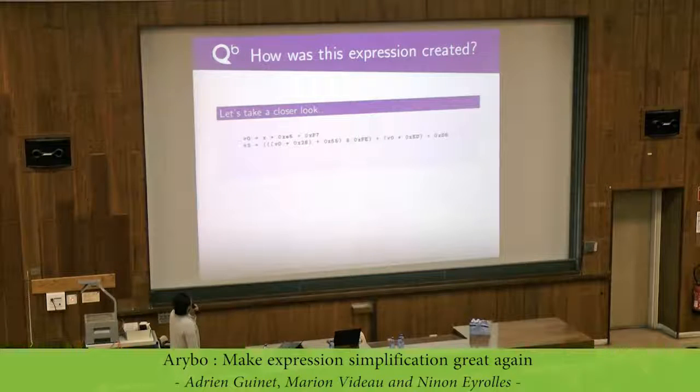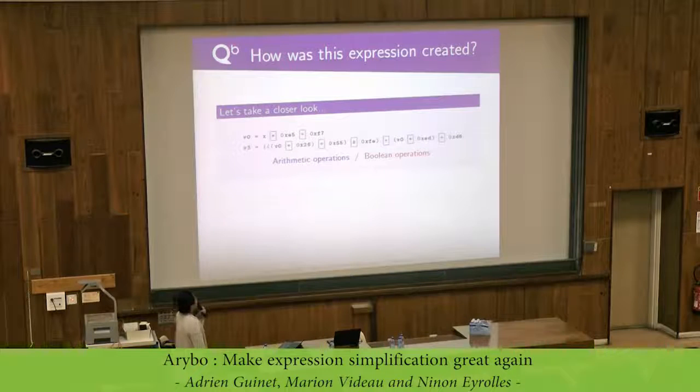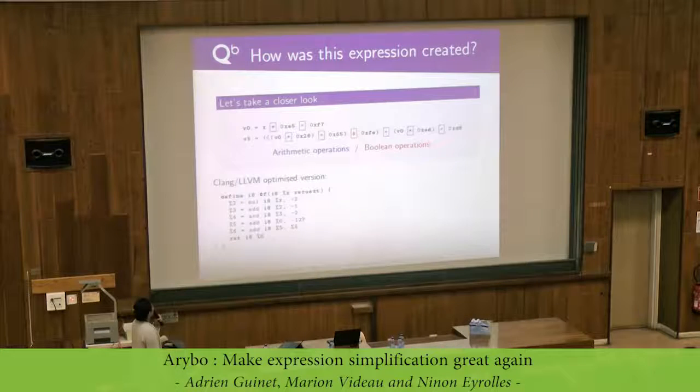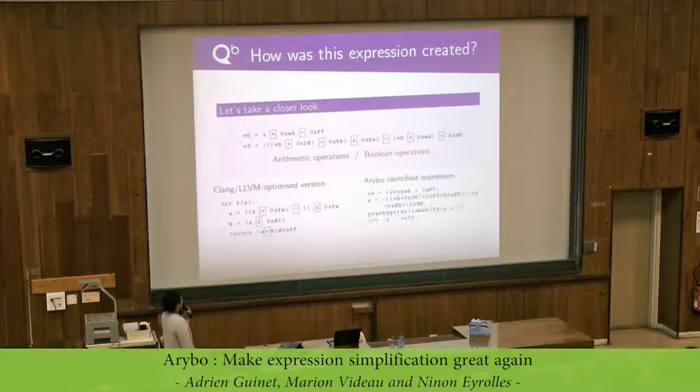So let's take a closer look at one part of this function. We can see that there are arithmetic operations, there are Boolean operations, and they are closely intertwined with each other. The optimized version, the compiler output, is this one. So you still have arithmetic operations and Boolean operations. And the one thing we do with Arybo is just outputting this simplified expression.